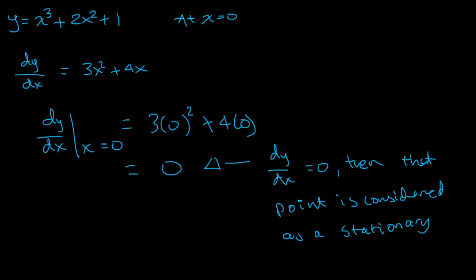But in this case, what we can do now is to find the tangent line. We can just say y equals 0 plus 0x plus c. So this becomes y equals c, right? So if we plug in this 0 up here, we know that at x equals 0, y equals 1.